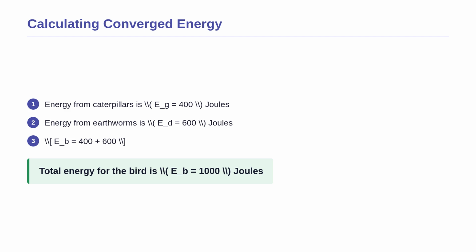We need to calculate the total energy the bird receives. By simply adding the 400 joules and the 600 joules together, we find that the bird has a total of 1,000 joules of energy available to it. Even if a disease wiped out all the caterpillars, the bird would still have 600 joules from the earthworms to survive.